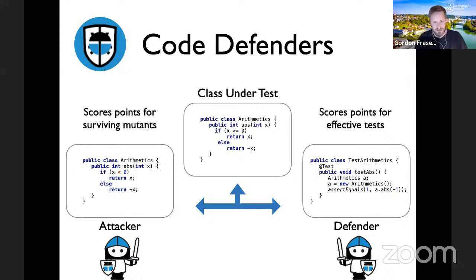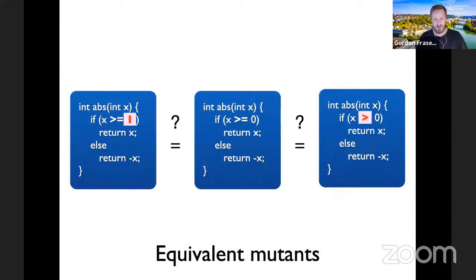If you know mutation testing, you know there is one catch with this, and that's if you just syntactically modify a class, that doesn't necessarily mean that the program is semantically different. So if we return to our absolute value function example, and we mutate it, for example, by replacing our 0 with a 1 or the greater equals operator with a greater than operator, there exists no test case that we can create that would be able to distinguish between the original program and either of these mutants, because +0 is the same as -0, and we won't be able to distinguish the two.